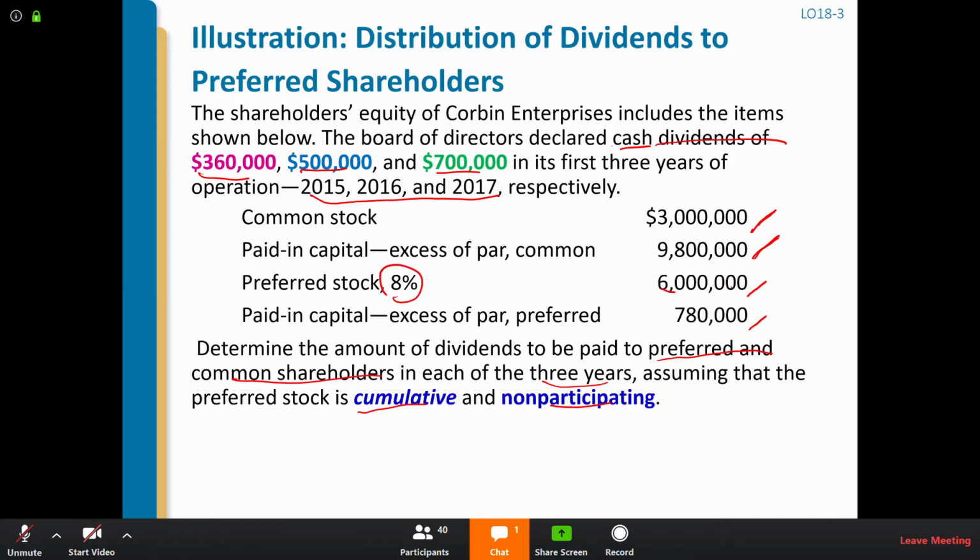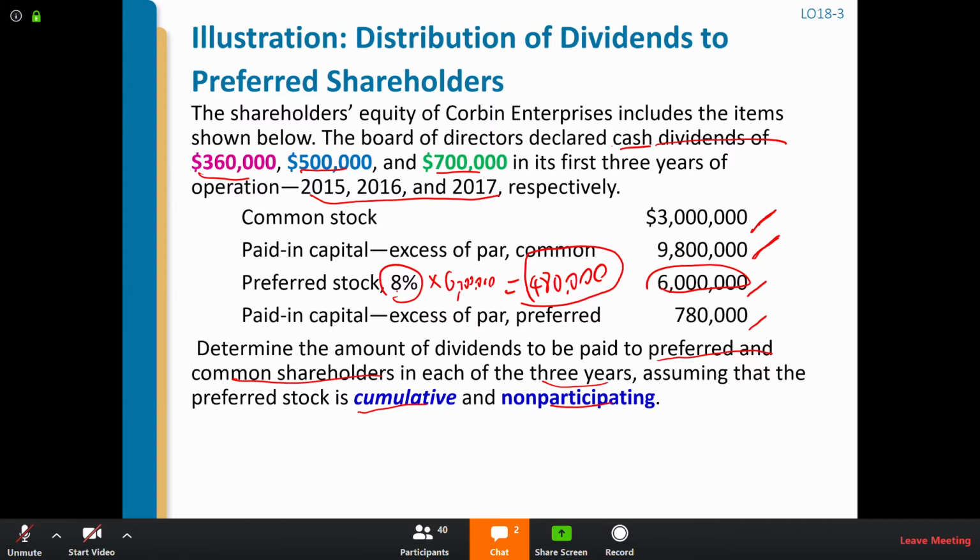This is the total par value. So 8% times $6 million, you get 480,000. So 480,000 is the dividends we're supposed to pay every year to preferred stockholders. That makes sense, right? Because that's what 8% means.